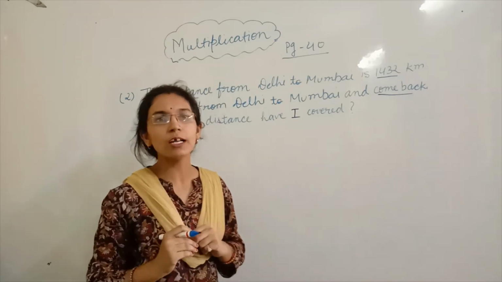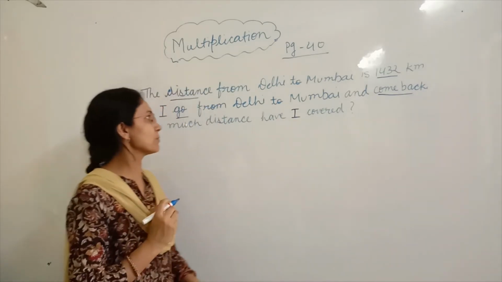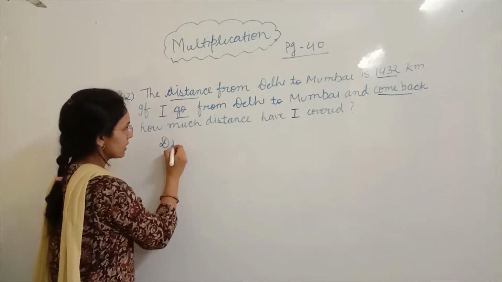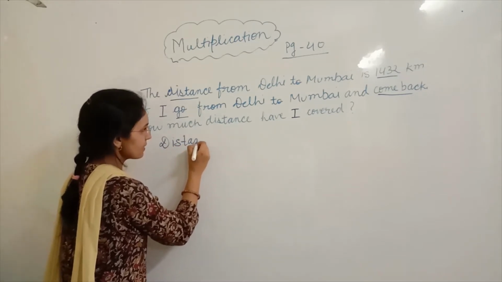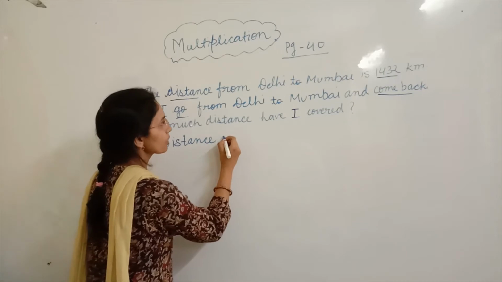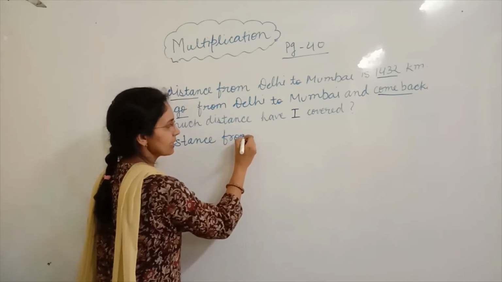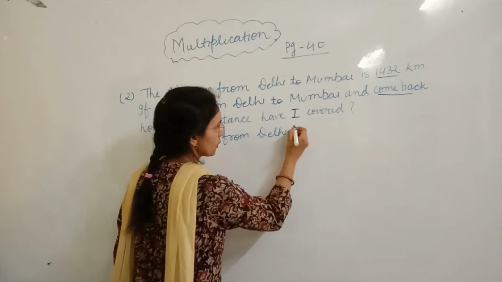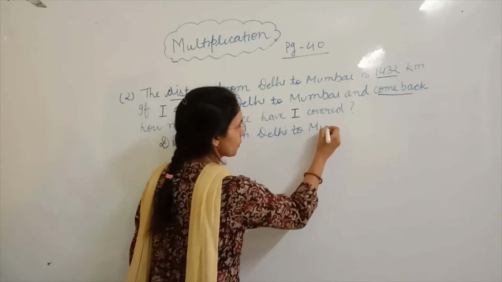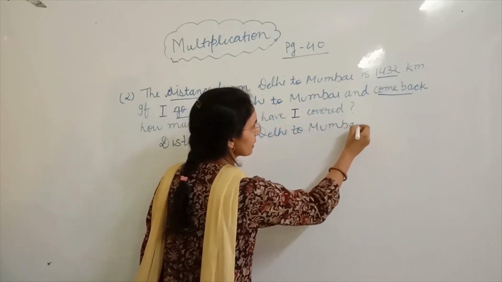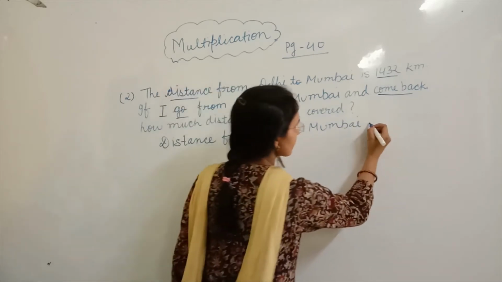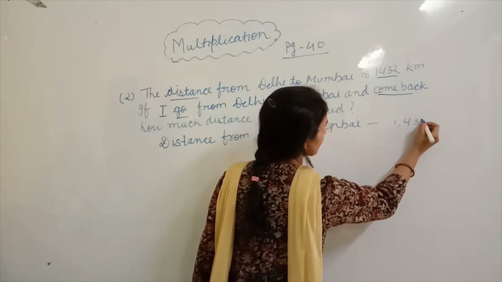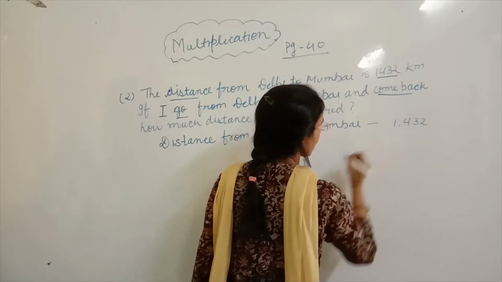So first of all I will write down the statement. First statement will be, distance from Delhi to Mumbai, that is 1432.